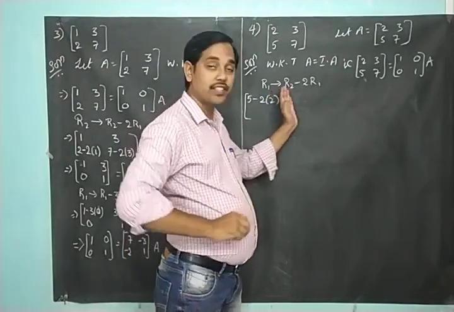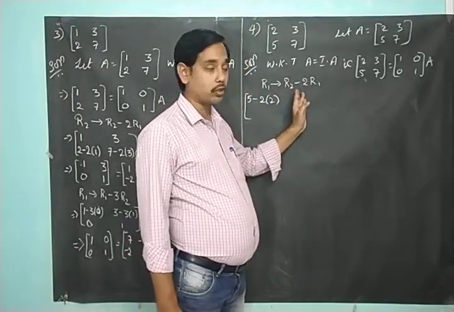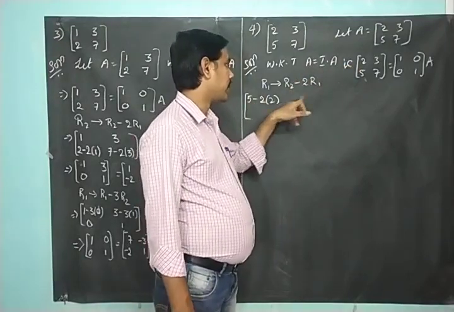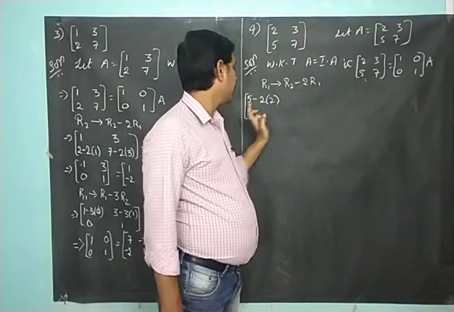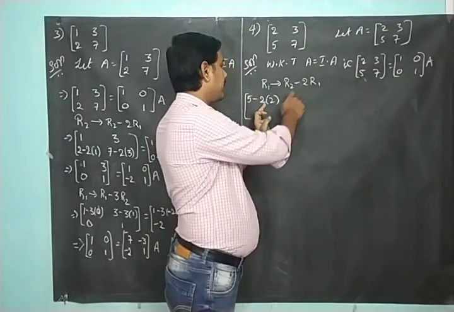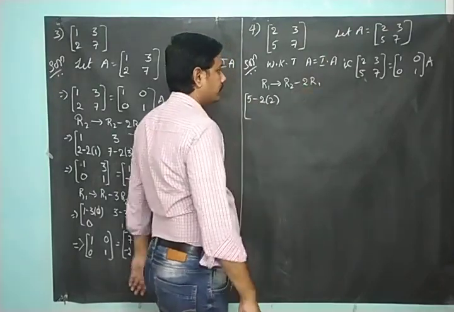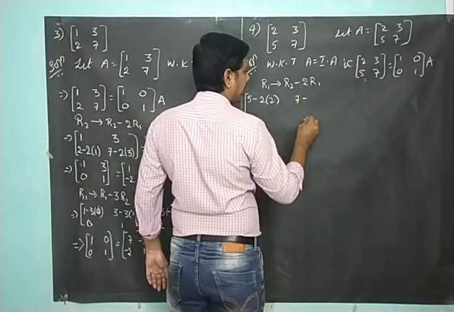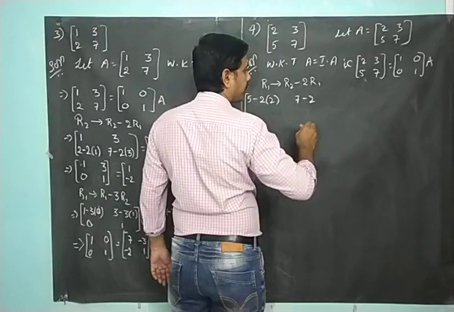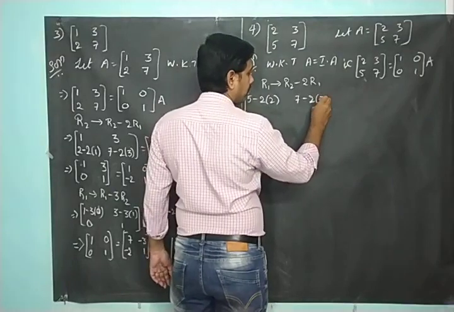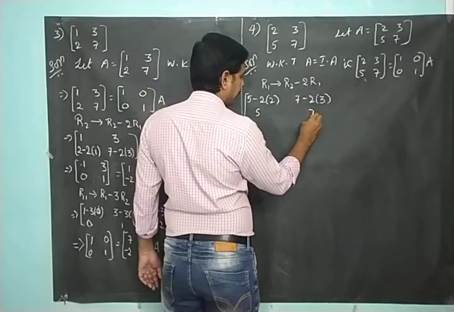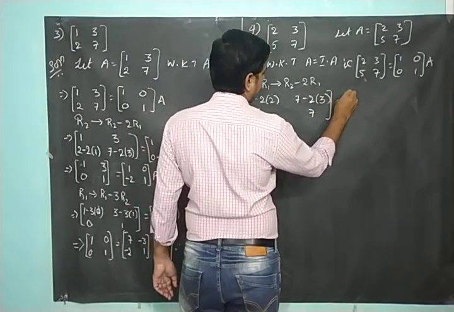So R1 is changing according to R2 minus 2R1. So according to this, R1 will be what? R2 minus 2R1. R2 here is 5 minus 2 into what is R1? 2. Here also what is R2? 7 minus 2 times of what is R1? 3. Okay. 5, 7 as it is.